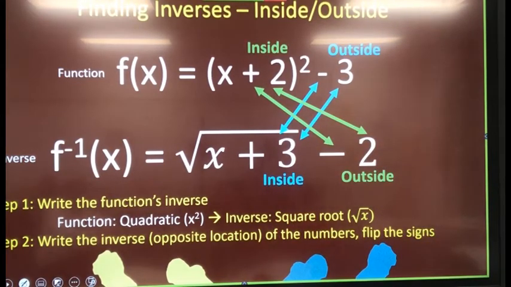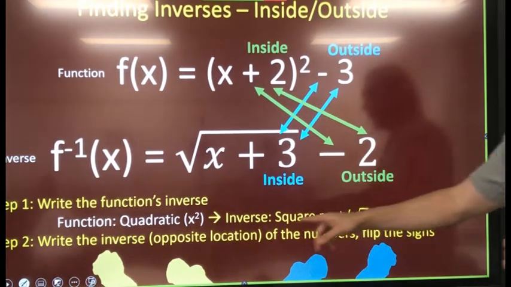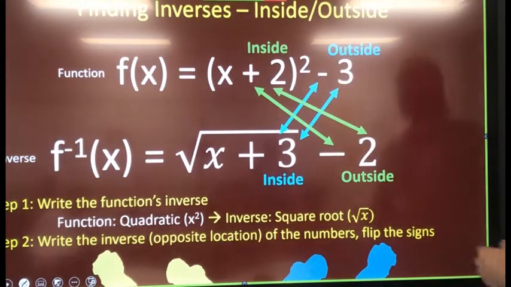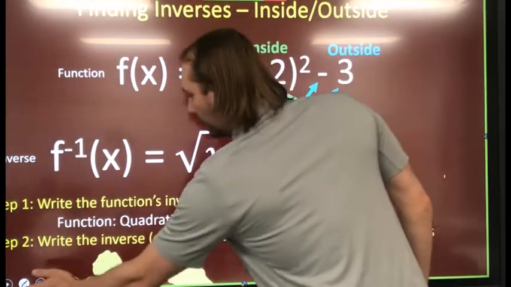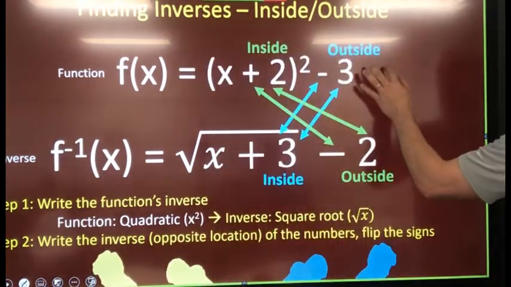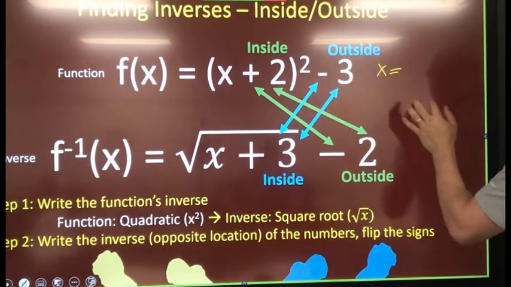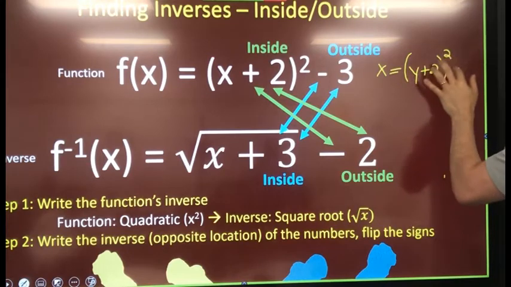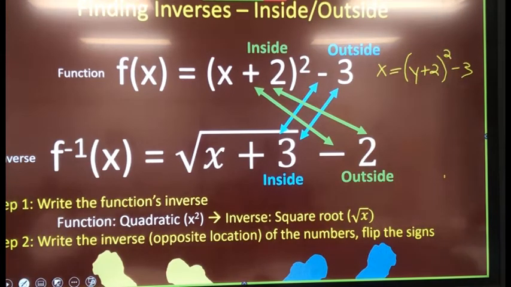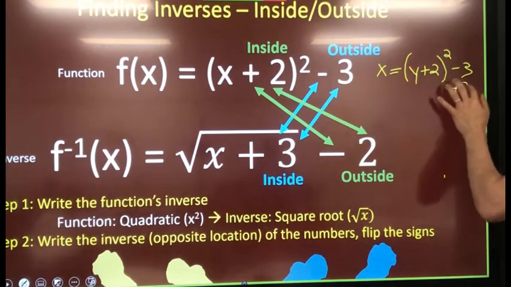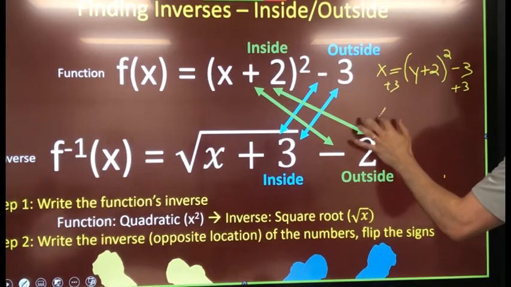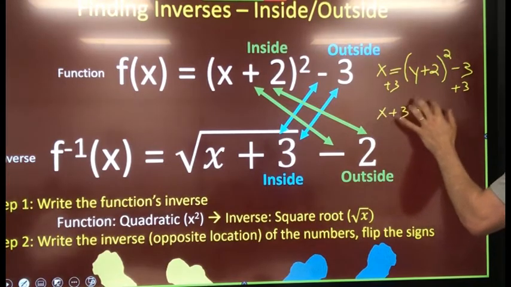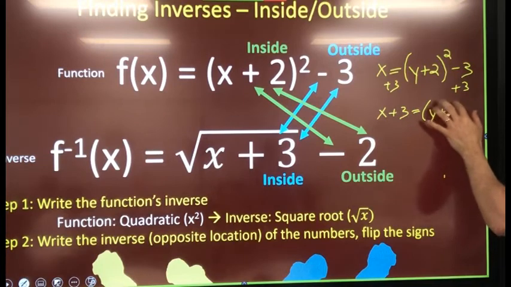So this is an inside-outside technique I developed that makes this a lot easier. And it saves you from having to write out a lot of things algebraically. Because if you were to do this the normal way, you need to flip the x and the y, so x equals y plus 2 squared minus 3, and solve for y. So let me add 3: x plus 3 equals y plus 2 squared.